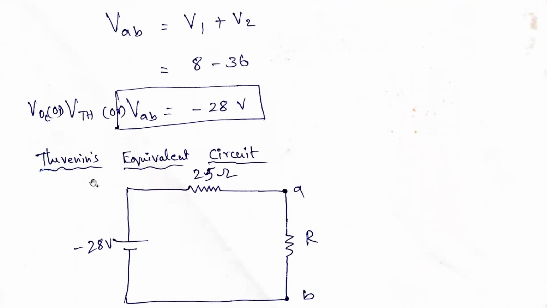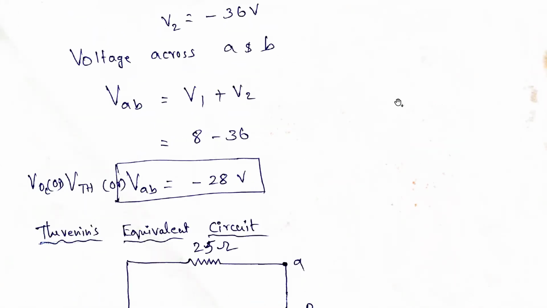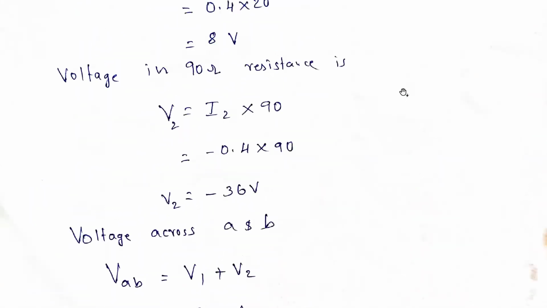In the question they asked only the Thevenin's equivalent circuit, so we have drawn the Thevenin's equivalent circuit. Suppose if they ask the current through a particular load resistance, then the load resistance value will be given, but in the question itself they have not given one. So we just need to draw the Thevenin's equivalent circuit. That's all. Again, they asked to formulate the Norton's.